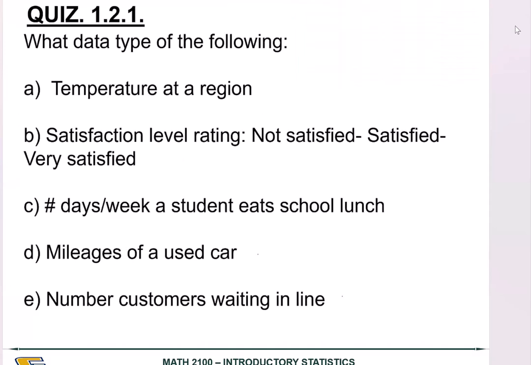So now we have the quiz here. This quiz will help you to understand better the nature of data. We can classify each one as qualitative or quantitative. So what data type are the following? Let's go through one by one, right? Temperature at a region.